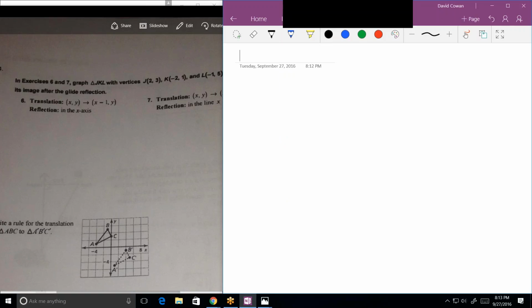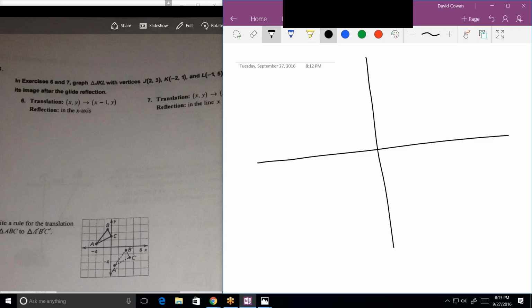Here they do want to graph it. It says graph the triangle. Well, I can do that relatively easily without graph paper. Here's my axes. J is at 2 comma 3, and you can always approximate it.